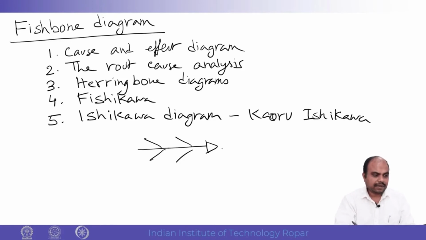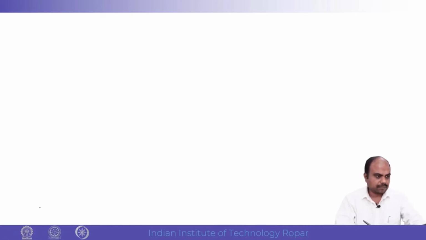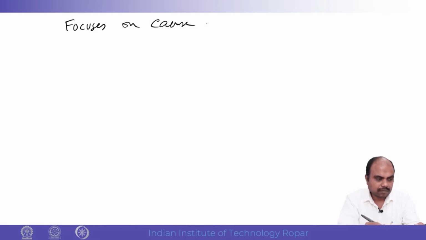And it is a graphical way of representing the cause of a problem, relating the cause of a problem, and it actually determines the actual cause and what the effect is. So that is why it is quite useful. It focuses on cause, and it helps us to go to the root cause.